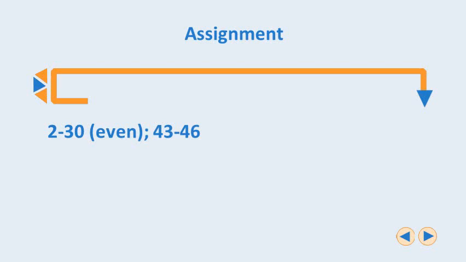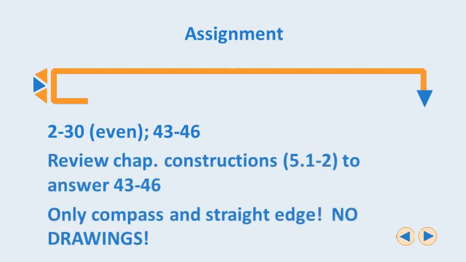So you got to remember how to find your circumcenter and your incenter back in 5.1 and 5.2. And yeah, review the chapter constructions in order to be able to do these chapter constructions and to justify them.